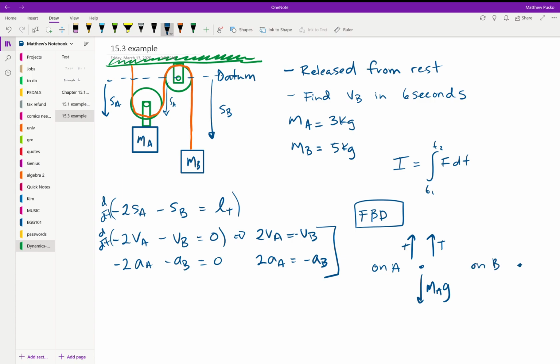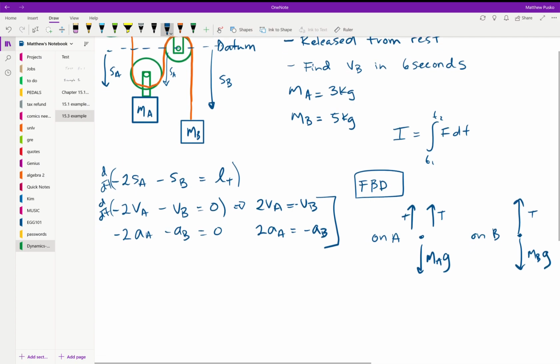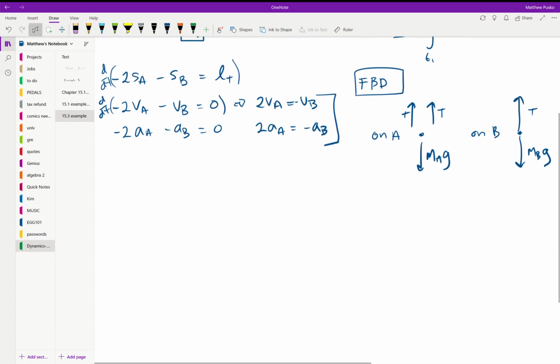On B, I see only one tension going up, but we have mass B times gravity pointed down. Alright, what else can we do? Let's go ahead and apply impulse momentum theory.